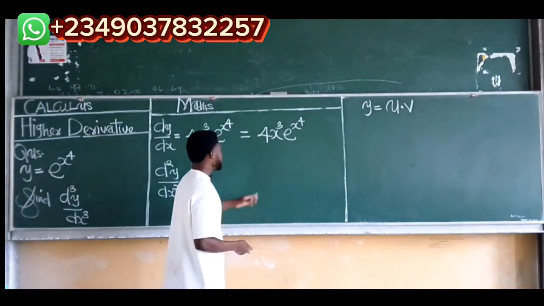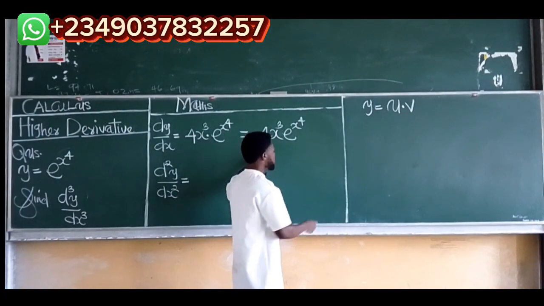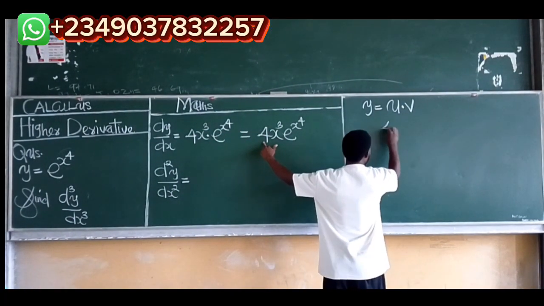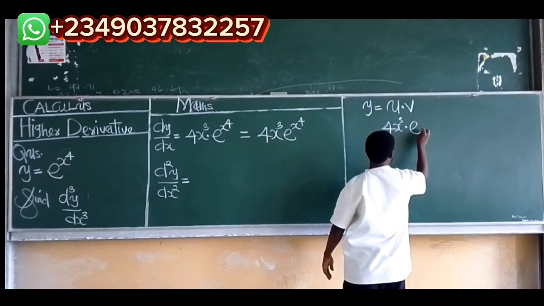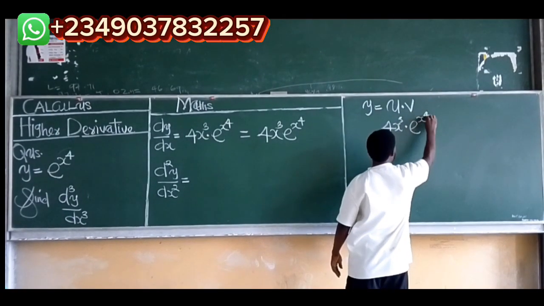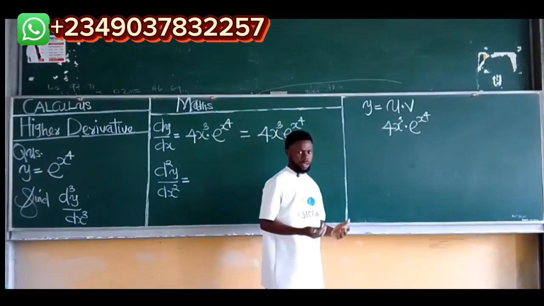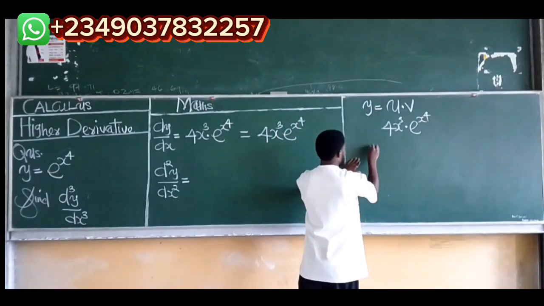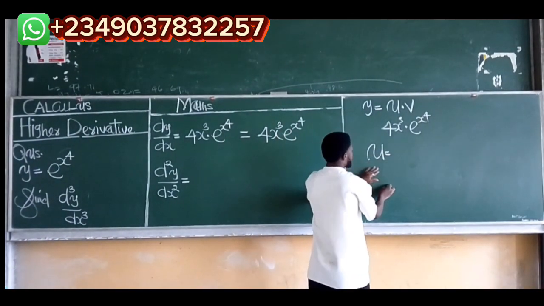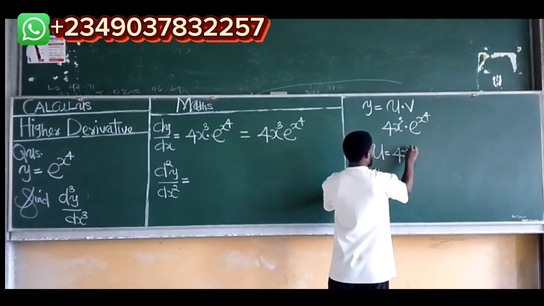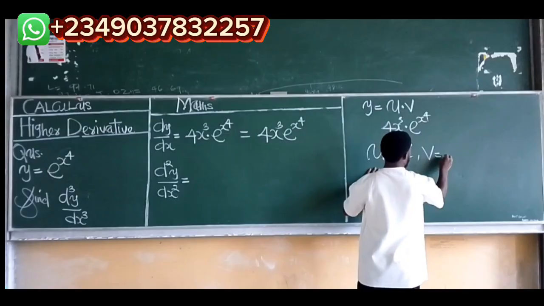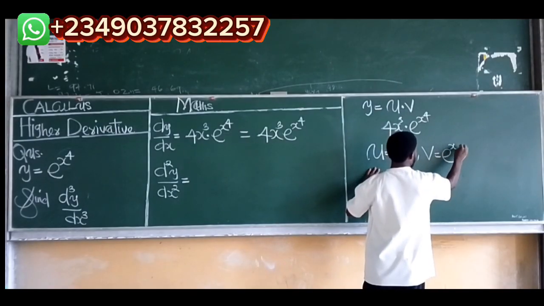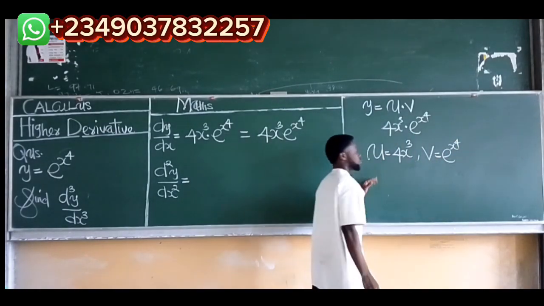By comparison, what we have here is 4x^3 times e^(x^4). So in this case, u becomes 4x^3, and v becomes e^(x^4).